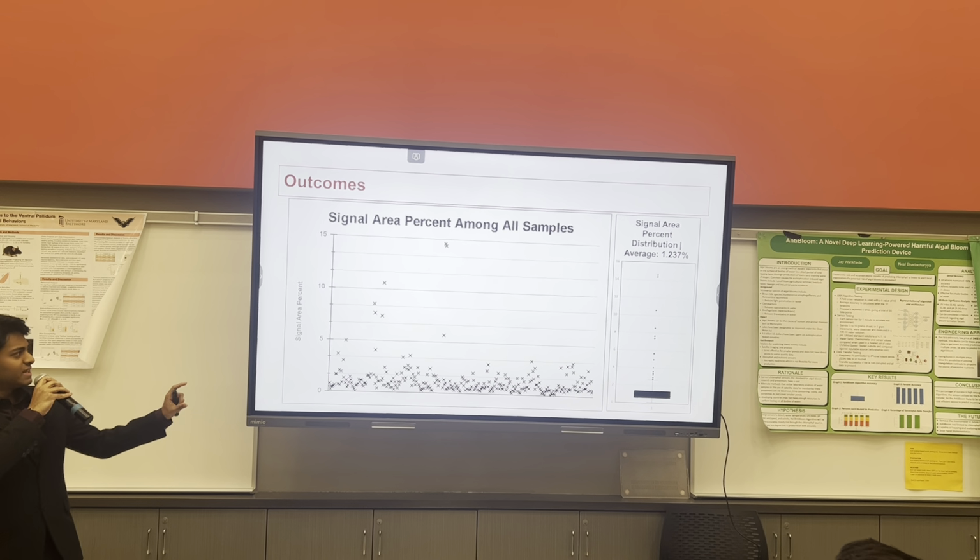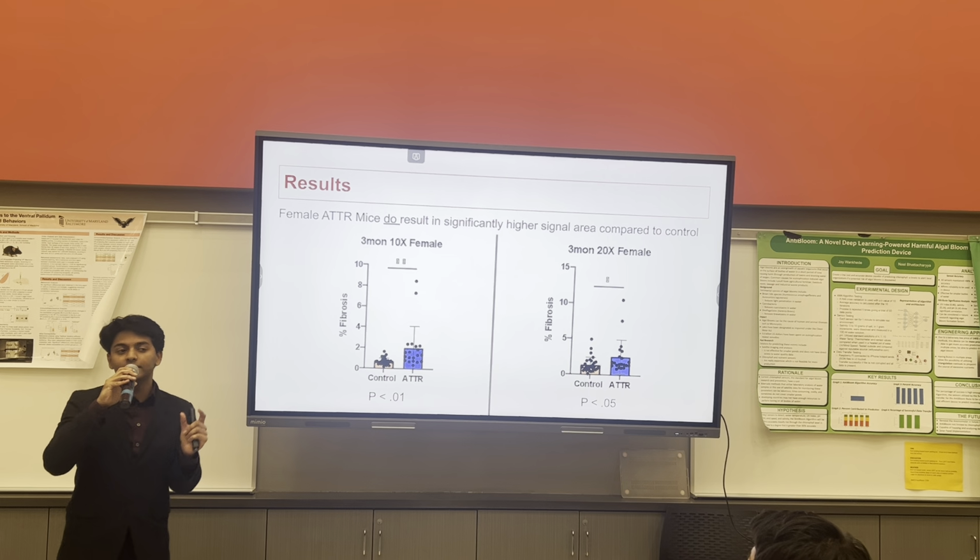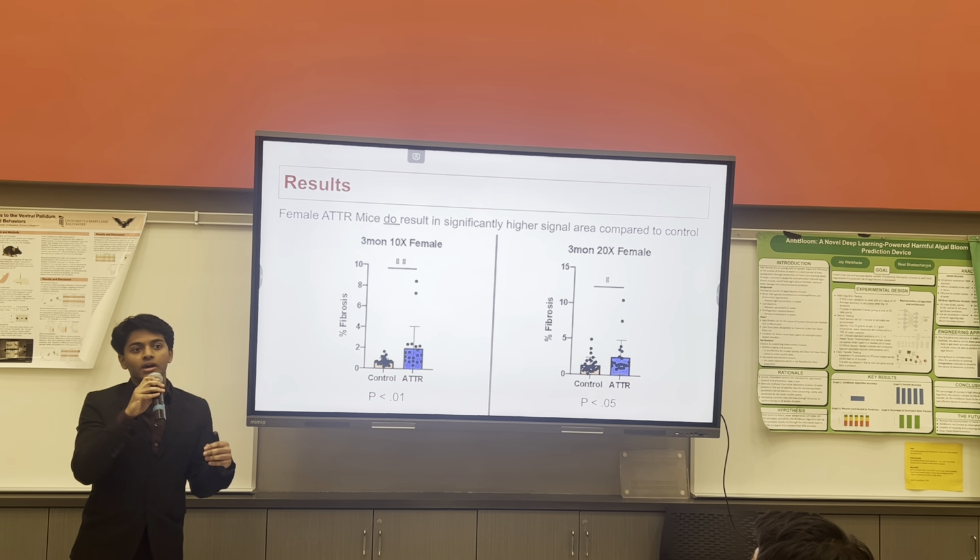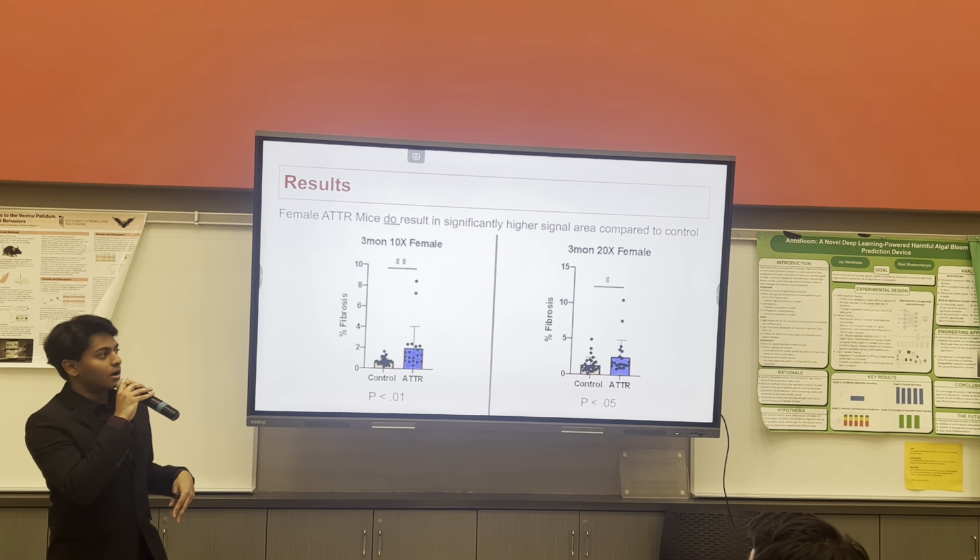On the other hand, female ATTR mice do result in a significantly higher signal area. We see this with both the 10x and the 20x mice, but especially with the 10x mice. The reason we believe the p-value is lower for the 10x mice compared to the 20x mice is that there's some sort of sampling bias when selecting the portion of the sample we use for imaging.